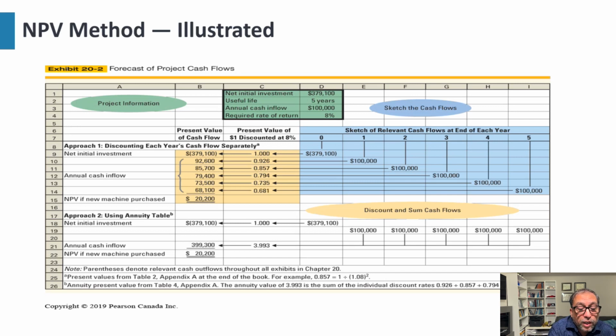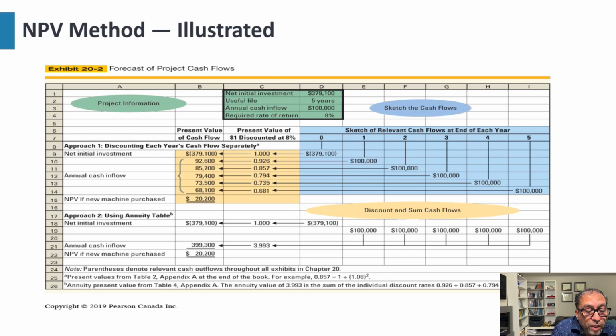So when we apply the present value with the RRR, we get a positive 20,000. How is it positive 20,000? Because the discounted value of the 500,000 cash inflow is around 399,100, and when we subtract the 379,100 outflow, we get a positive NPV.